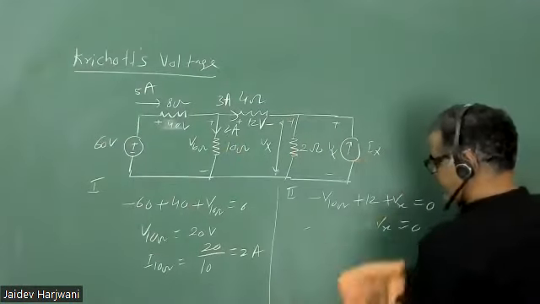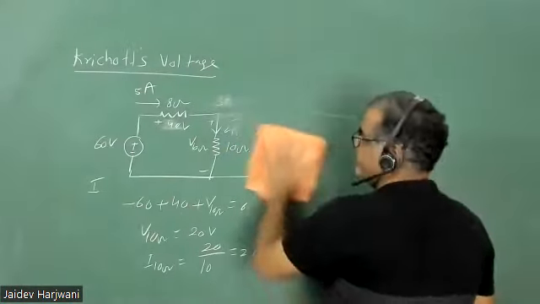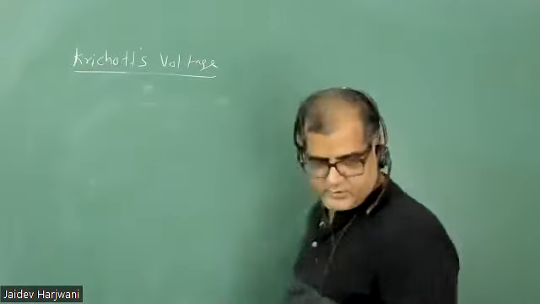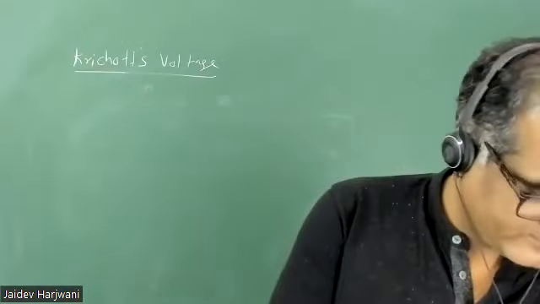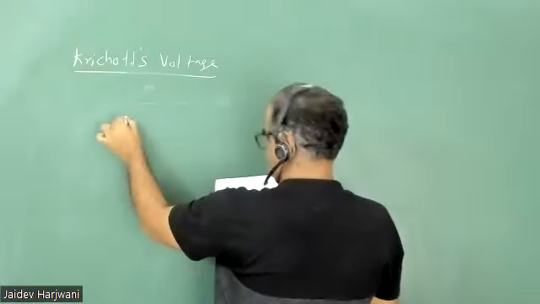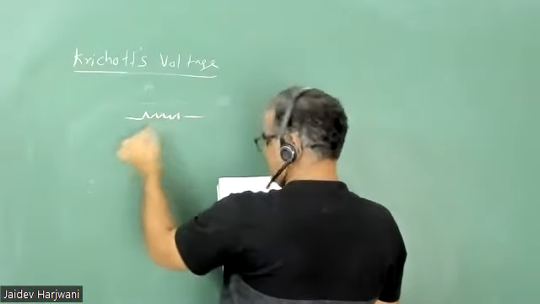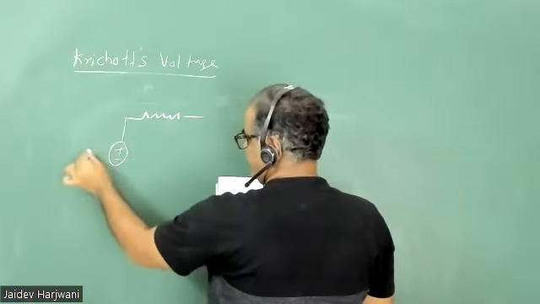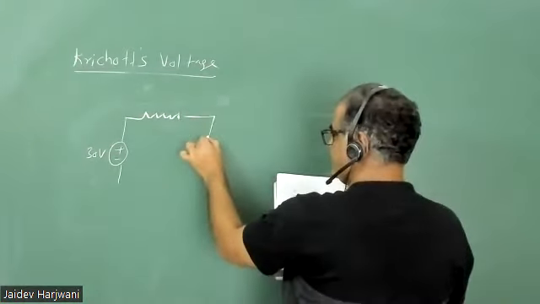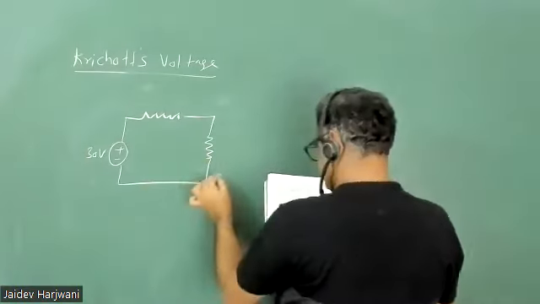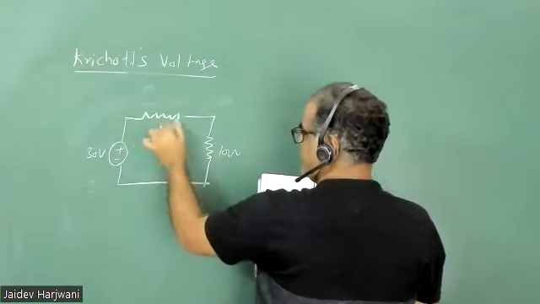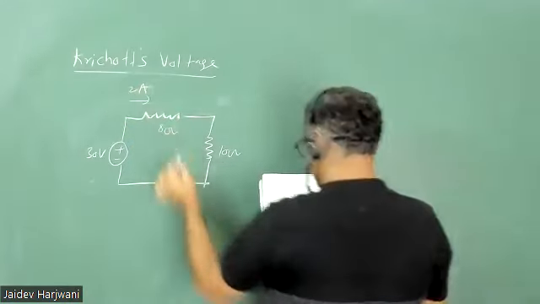So this is your Kirchhoff voltage law. Okay, now take a homework problem. Plus 30 volts. Okay. And then you have this 10 ohm, 8 ohm, and 2 ampere current is flowing here.